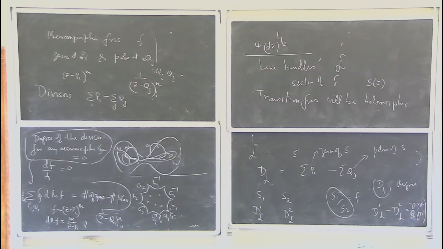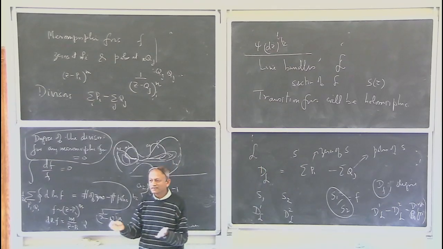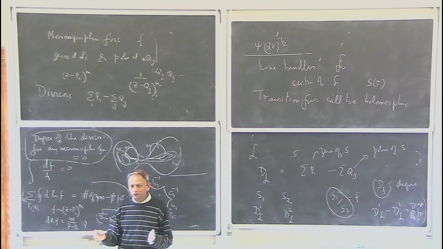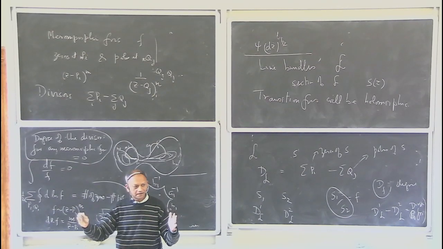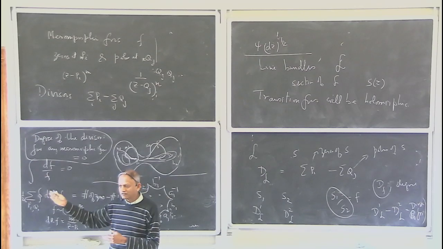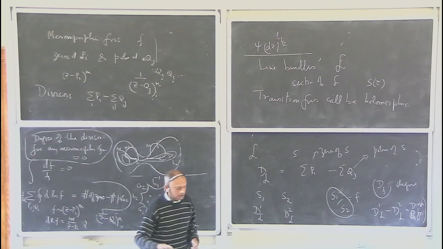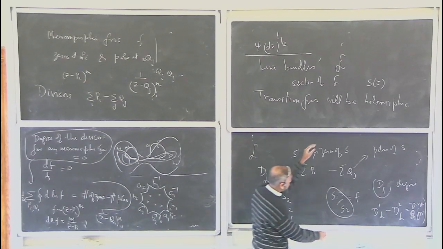So therefore, there is not a one-to-one correspondence between the line bundle and the divisor, right? You can form an equivalence class. Two divisors are identified if they differ by a divisor of a meromorphic function.